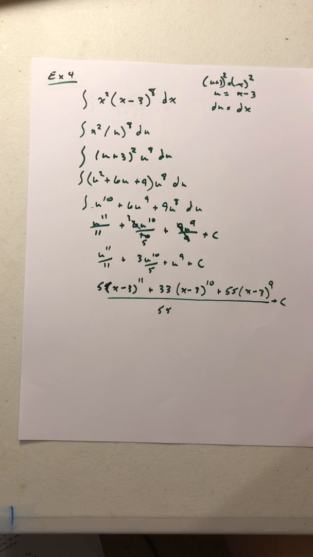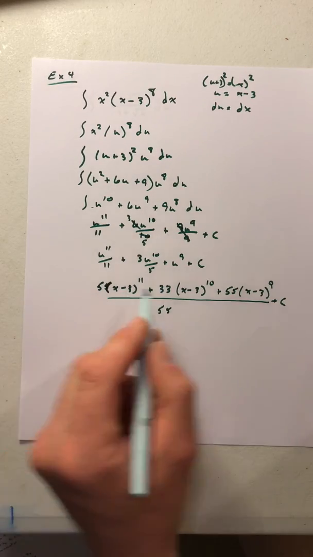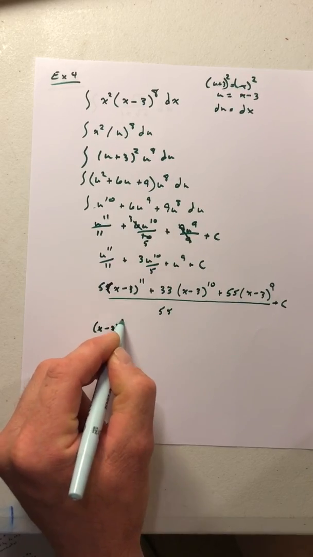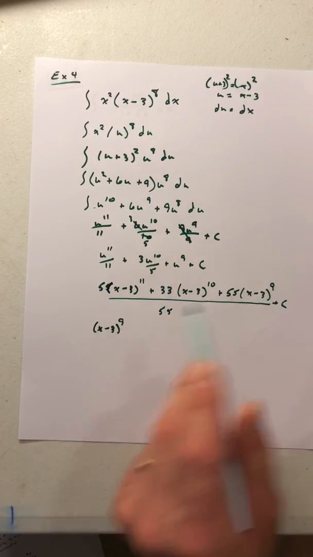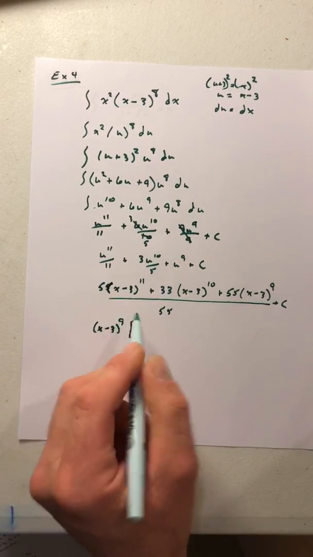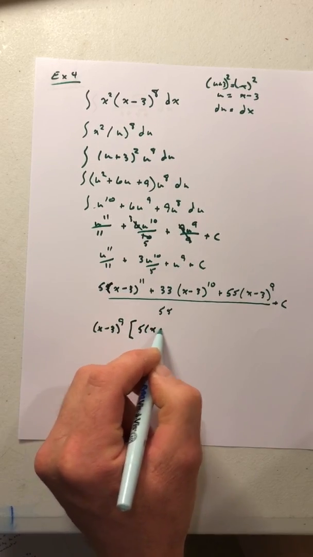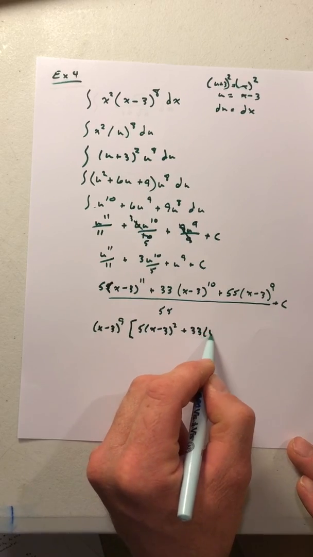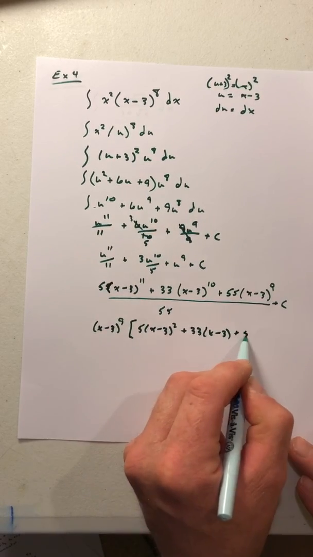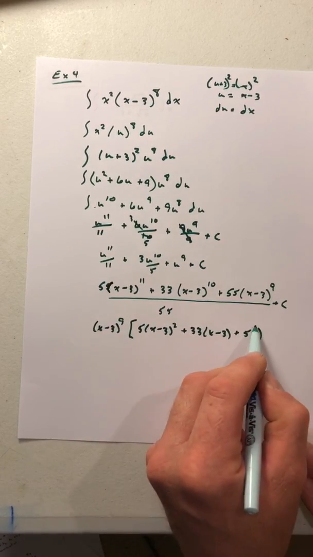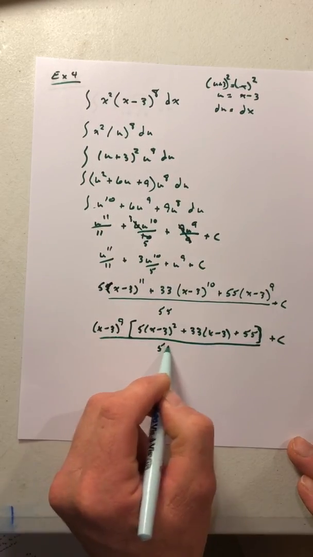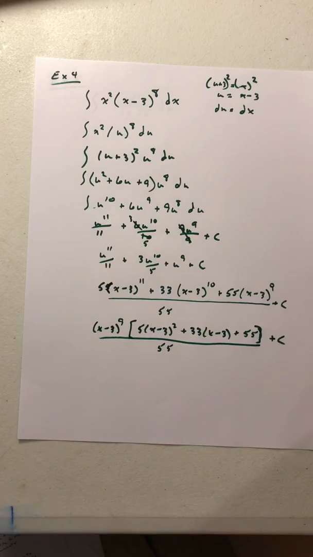Looks kind of ugly, but we can work through it here, I think. Again, we can pull out an x minus 3. We have 9 of them in common. Remember, we take out the smallest exponent. So we're left with 5 times x minus 3 squared plus 33 times x minus 3 plus 55. That's in a bracket there. And that's all over 55.